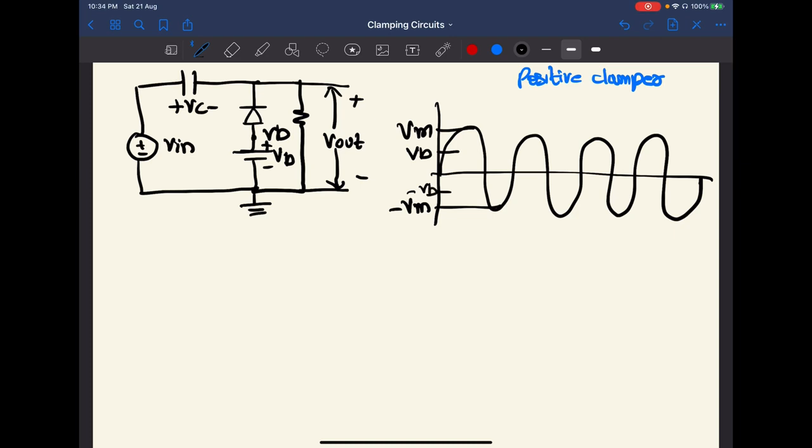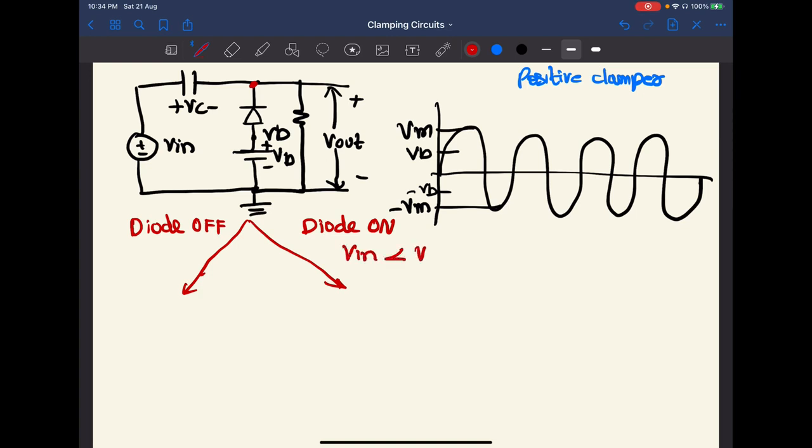We can subdivide this case into two. Basically we are following the same rule: the diode conducting case, that is the on case, and the diode off case. Here the diode will be on if the potential here is less than VB, that is Vin less than VB. In this case the diode will be on. In all other cases the diode will be off.